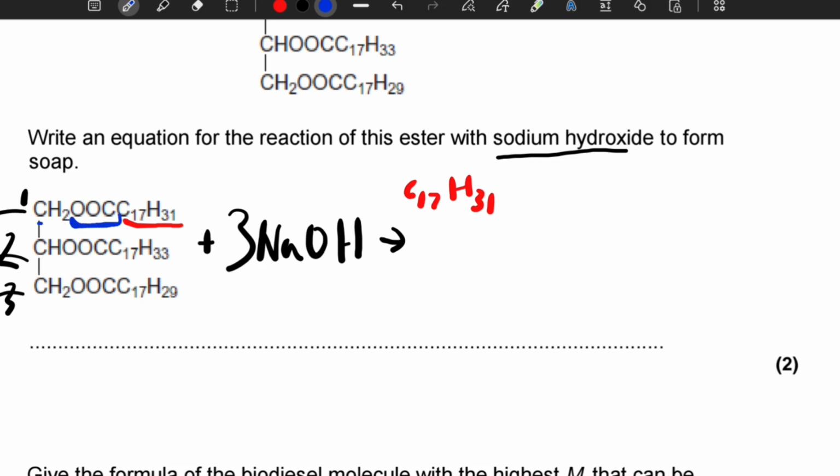Because remember, it forms a sodium salt, and that sodium is positively charged. The oxygen here is the C=O, and this one is the ester oxygen, okay? This ester oxygen is negatively charged, which is attracted to the positive sodium ion.